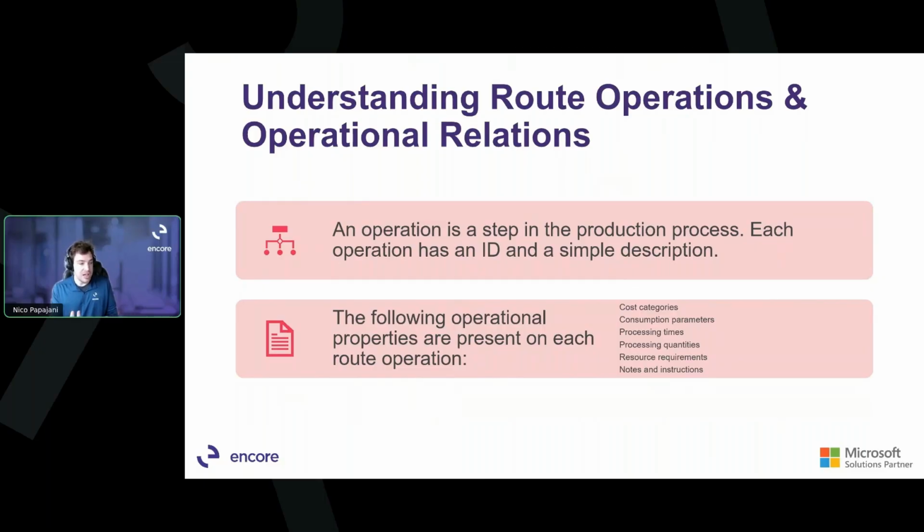So you can define cost categories, you can define consumption parameters, so defining how the system treats the consumption of raw materials on the BOM, what processing times are involved with the setup and the quality checks and the consumption of raw materials, any resource requirements that take place on these route steps. So that would be, are we required to have certain workers involved, certain machines involved, and then any kind of notes or instructions to the worker that is working on that step can also be defined on the route operation.